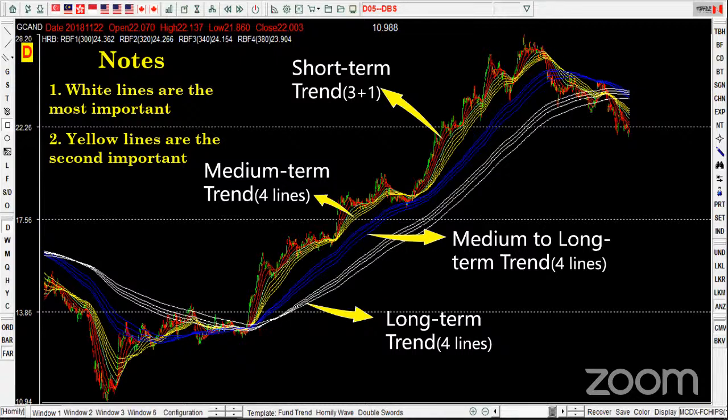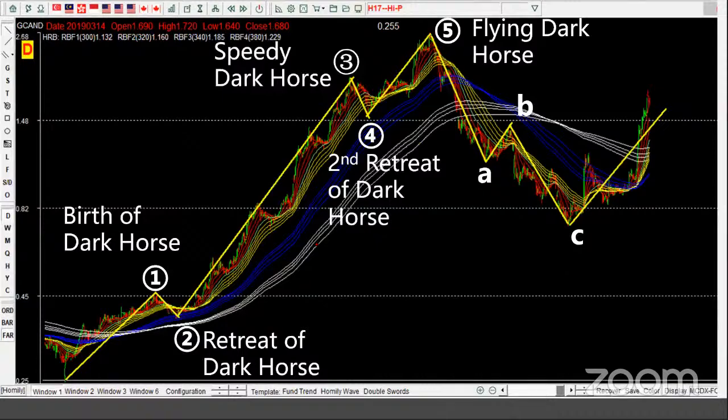Okay, so then what is the 5 horses chart about? What is the 5 horses chart? And how is it related to the wave theory?